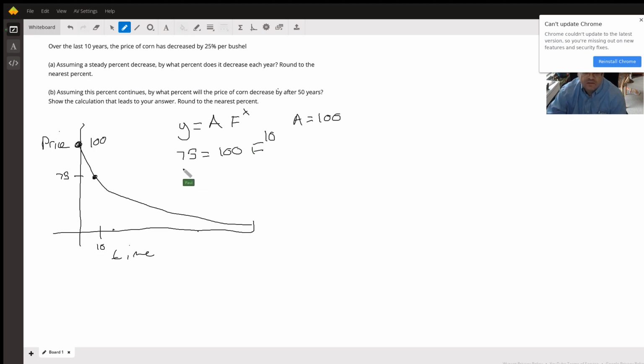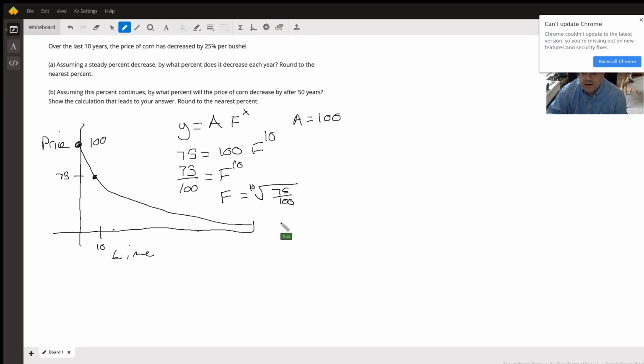So we can solve for this. 75 divided by 100 equals our growth factor to the 10th power. So that means the factor is going to equal the 10th root of 75 over 100. And we pick the 10th root because we want to undo raising it to the 10th power.